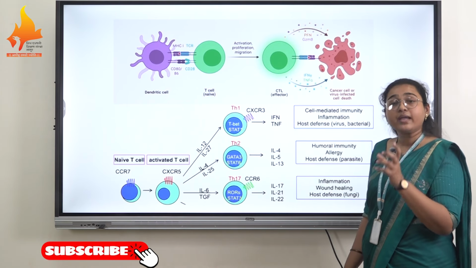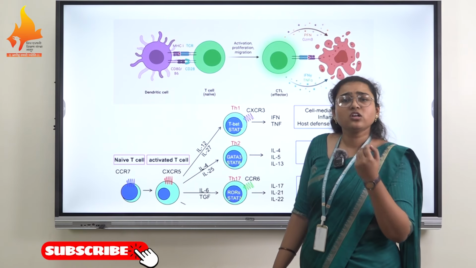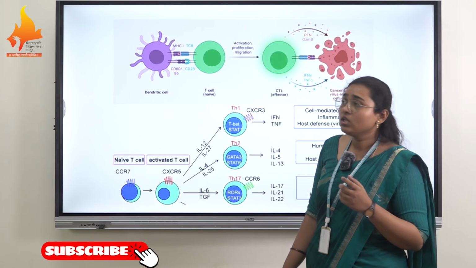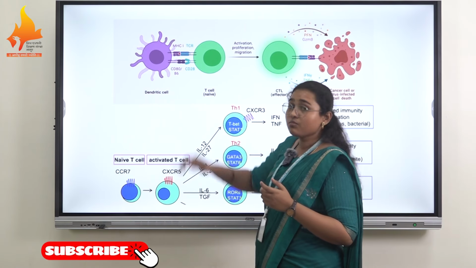MHC molecules are the major histocompatibility complex. So these MHC molecules carry an antigen peptide at their groove region. The information of that peptide is taken by the T cell, and then these T cells are differentiated into T cytotoxic cells, and in the last image I have given the example of a T helper cell.